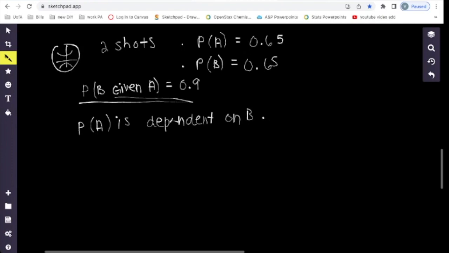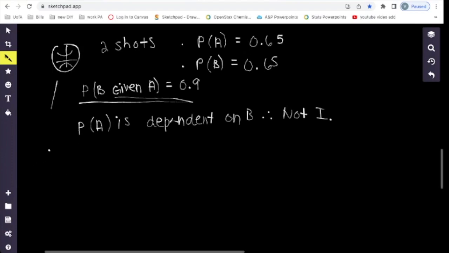And therefore, which of these rules, the multiplication rule or the addition rule, should we not use? Therefore, we cannot use the multiplication rule to find the probability of A and B occurring.